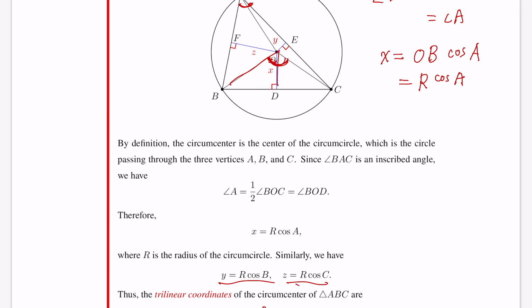If you want, you can put two, but you may want to cancel them. By the same reason, you don't want to keep R, because the computation of R is complicated. So this probably is the simplest form of the trilinear coordinates of the circumcenter.